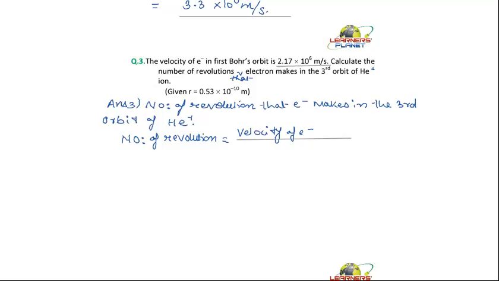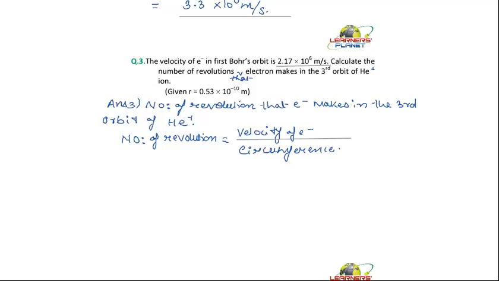Circumference means the circumference of the orbit in which the electron is there.